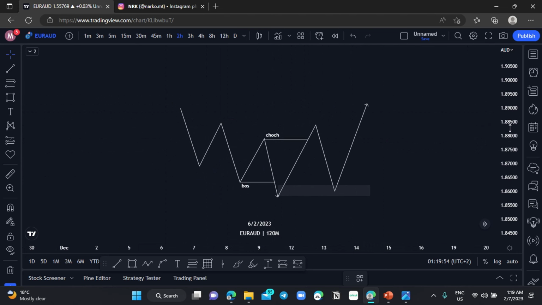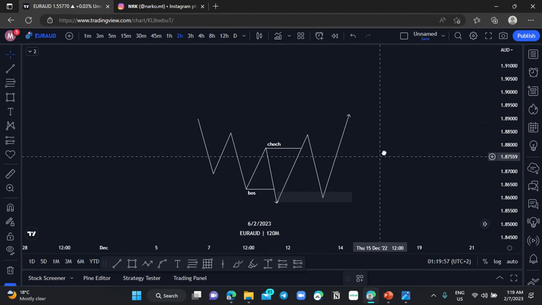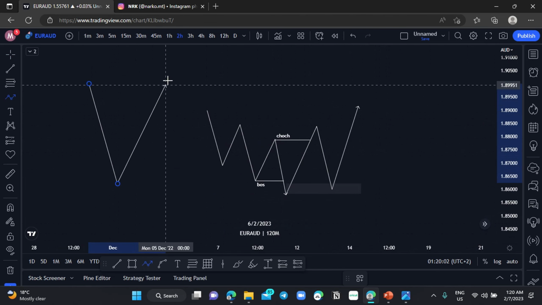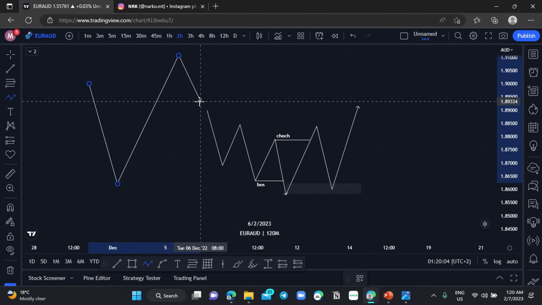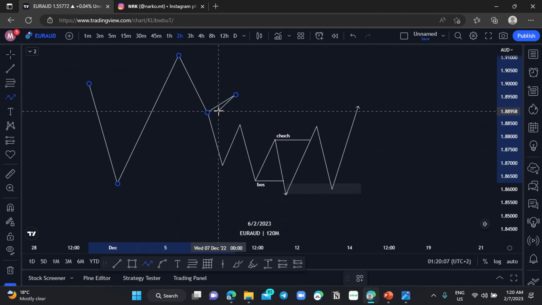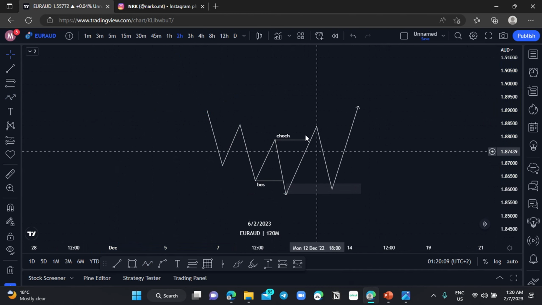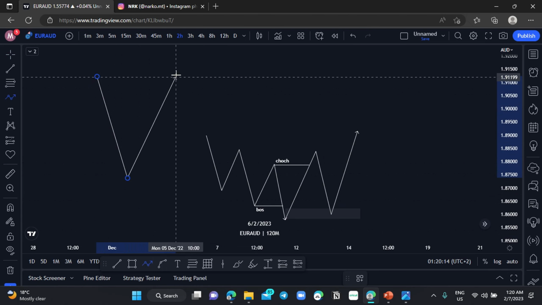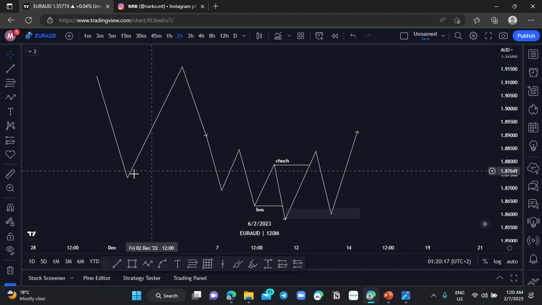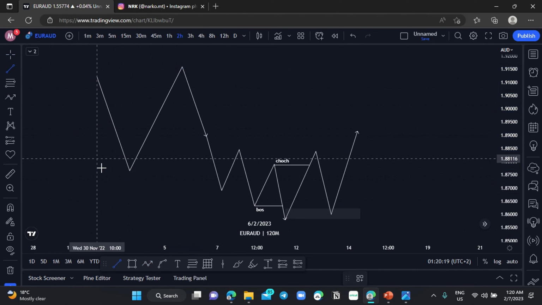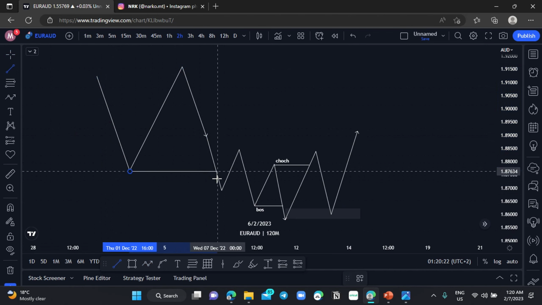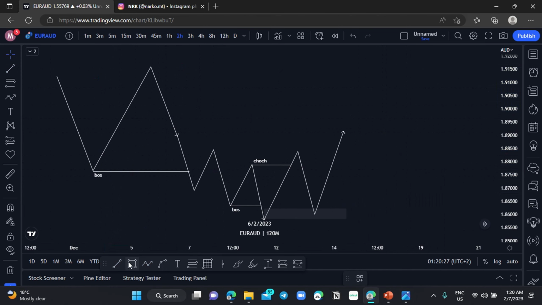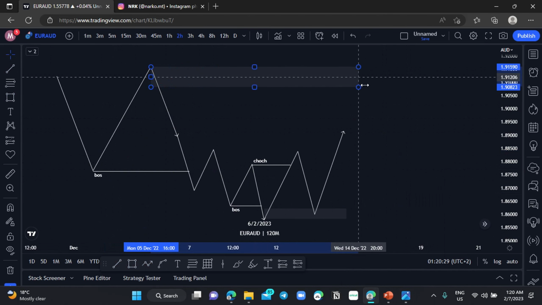So from your bigger time frame perspective, we are going to look for something like this. And this here is going to be your break of structure, and here you are going to find your order block.